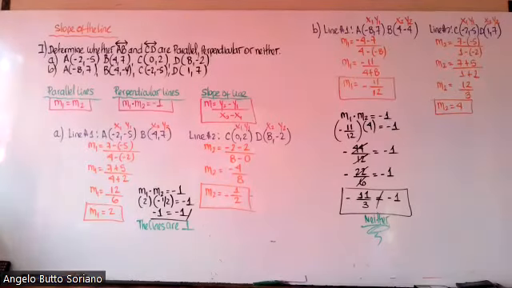Remember, if M1 is 5 and M2 is 5 also, that means the same value, so that will be parallel. If the product between them gives us -1, that will be perpendicular. In letter B's case, we have -11 thirds, totally different than -1, so the answer is neither. This was the first question.